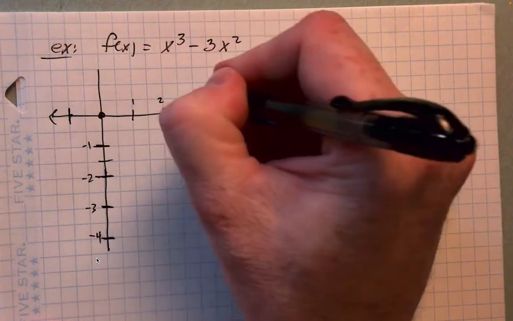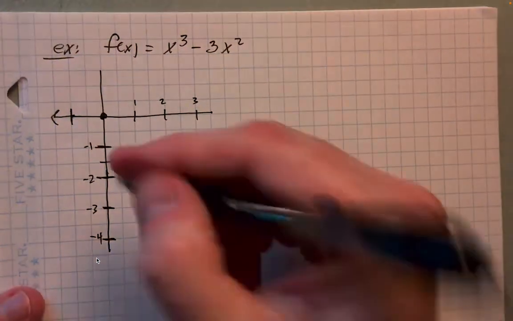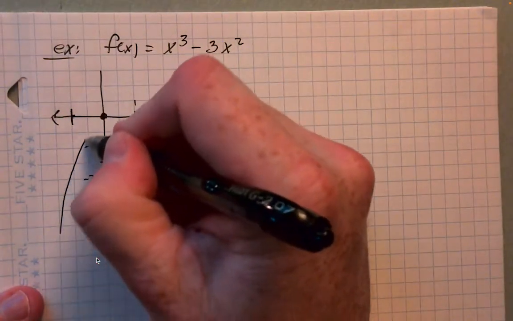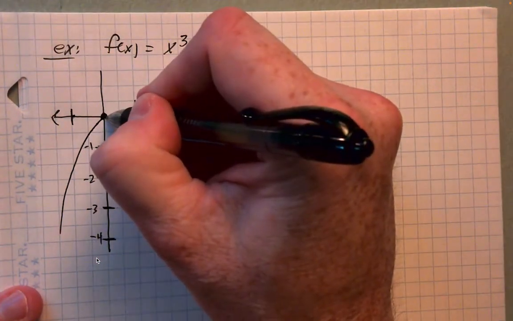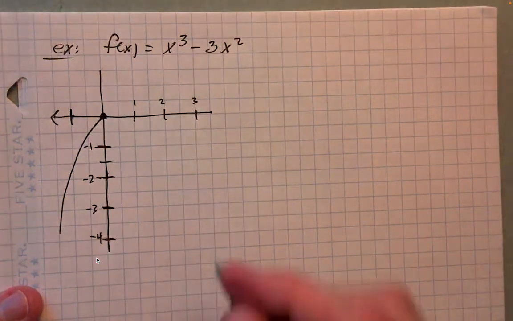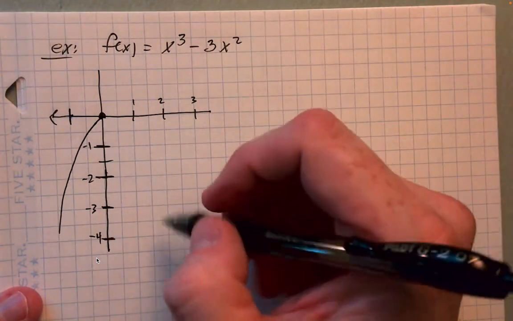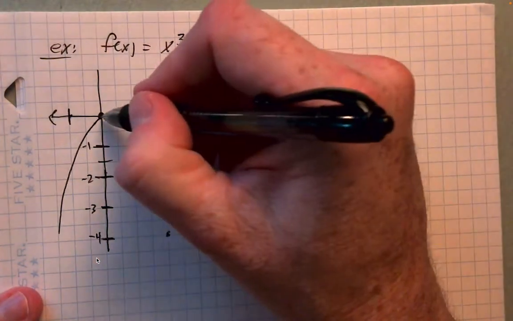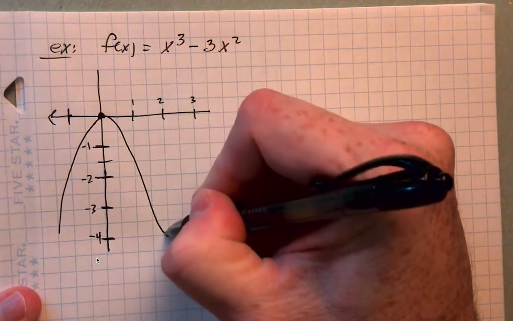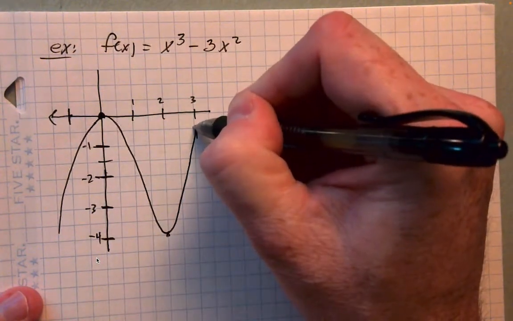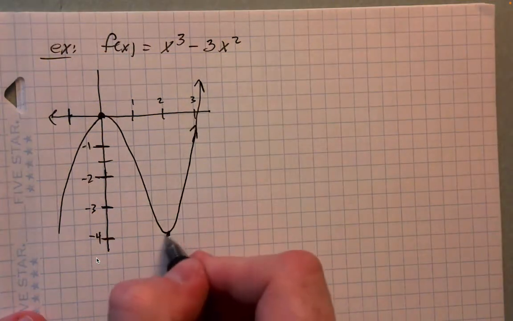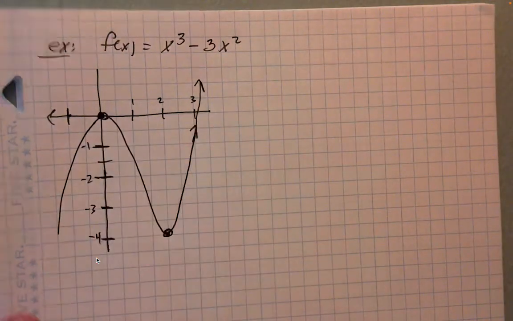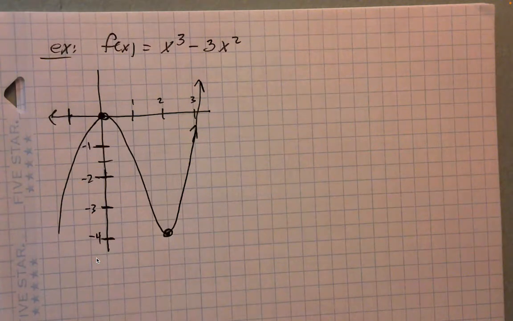The function comes up like this to a maximum here at the origin, and then it drops back down, finds a minimum somewhere right around here, and then it comes back up. It doesn't necessarily look exactly like this, but the key thing is that we have a minimum here and a relative maximum there.